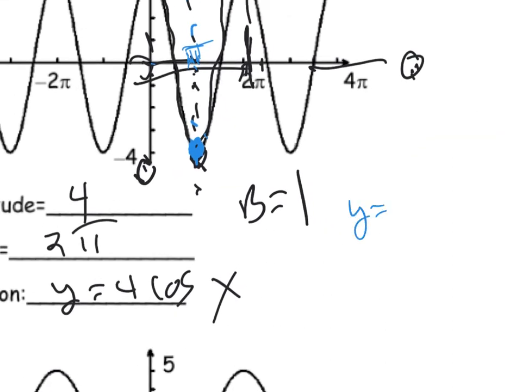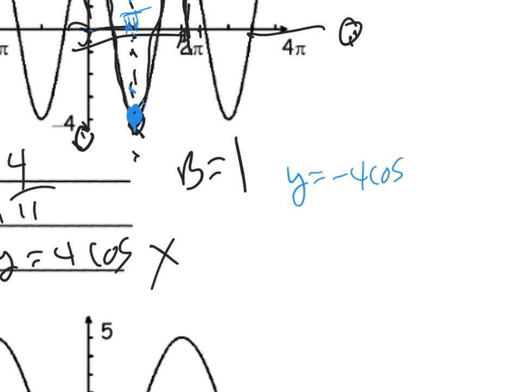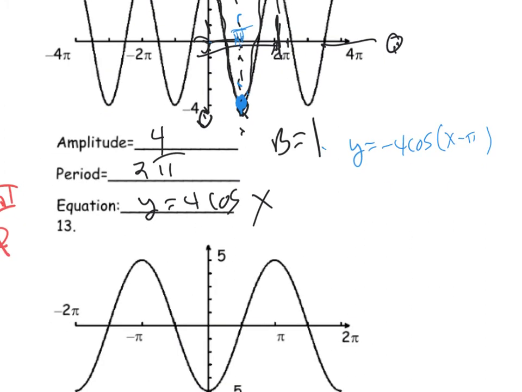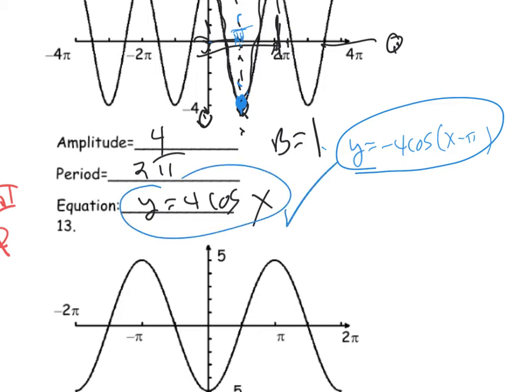Y equals a negative 4 cosine of x. And since my b is 1, I don't have to worry about it. But now I'm shifting to the right a pi, so I do minus pi. Again, I've already this week talked to you about how the same curve can have different equations. This is the answer the author wanted because this was before I taught you about phase shift.